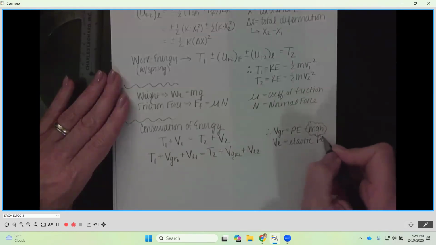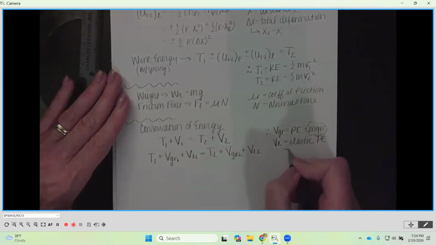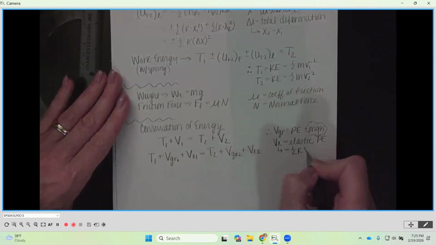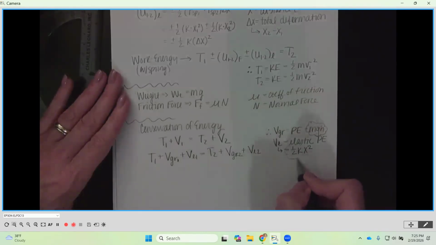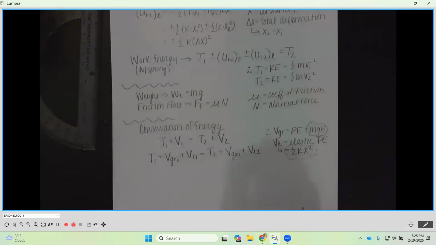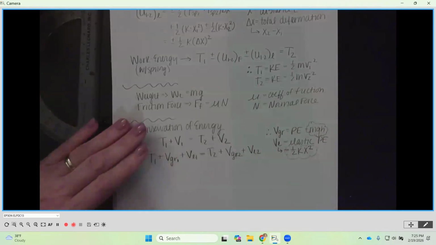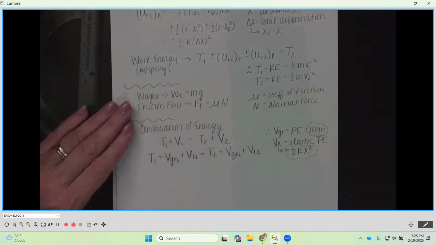So elastic PE is going to be equal to 1/2 kx squared. So that's the equation for the potential elastic energy when and if it's present. If it's not there, then we just don't consider it, just like we did earlier with the work.